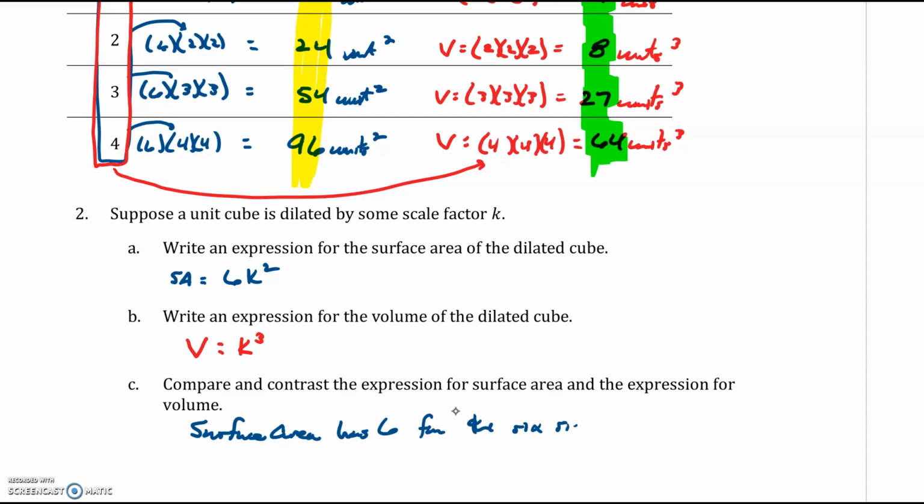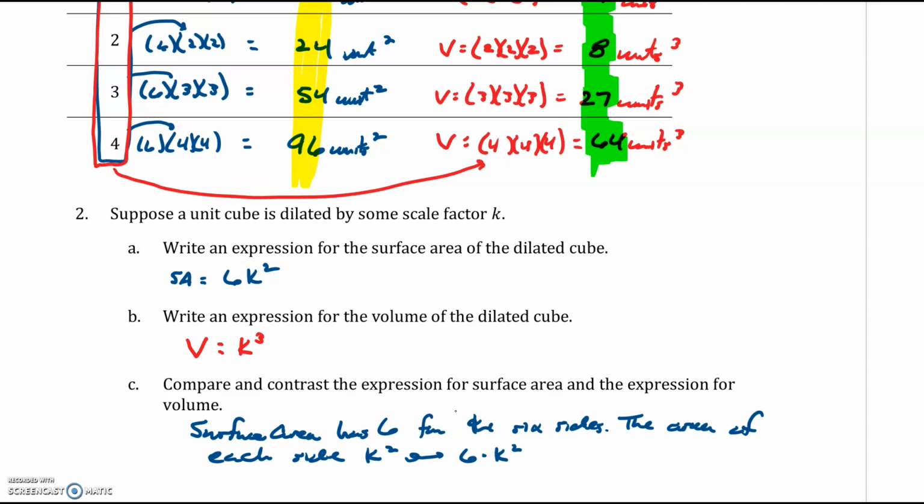And then the area of each side was just the scale factor squared. And that's how we got the 6 times the k squared, for 6k squared.